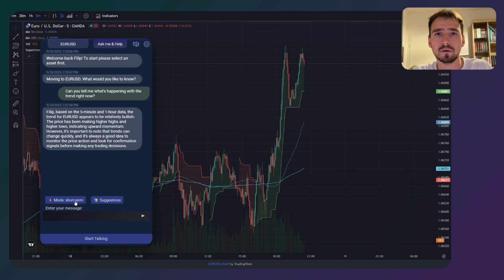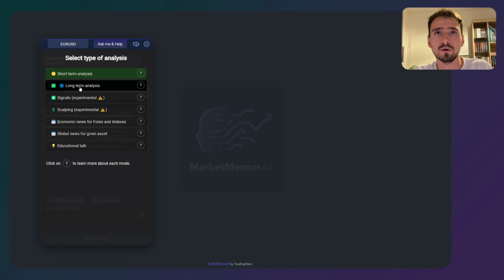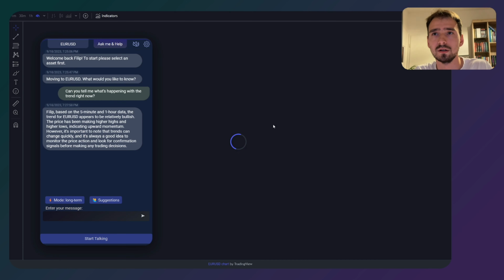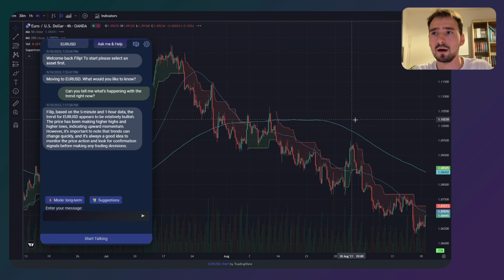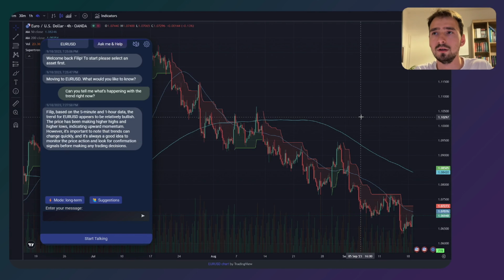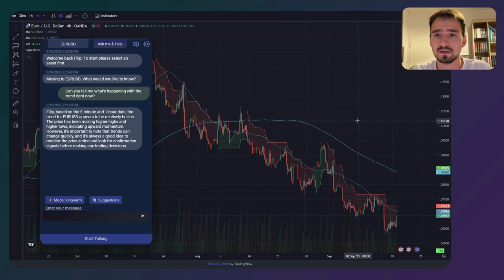By selecting different modes, for example, if I switch to long-term, the graph automatically switches to the 4-hour one now. In the long term, you can get analysis up to a month, so it should give you an idea in a longer spectrum how the market behaves.